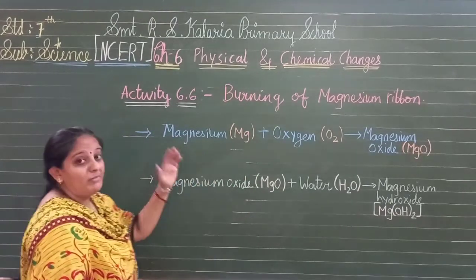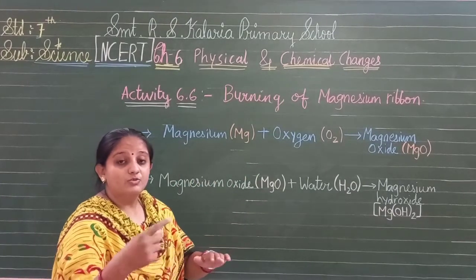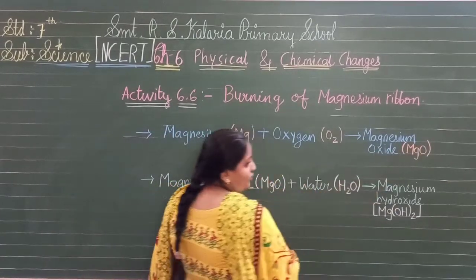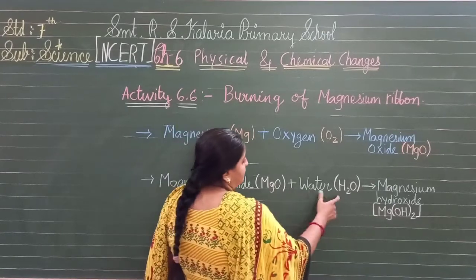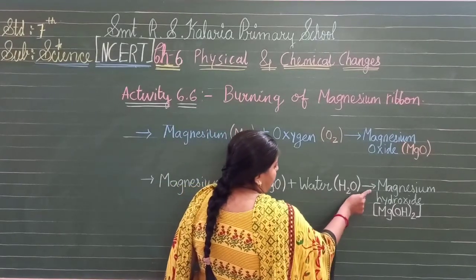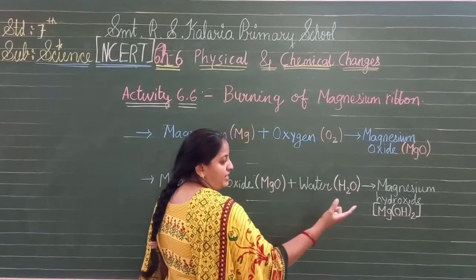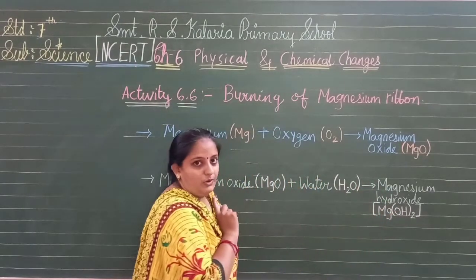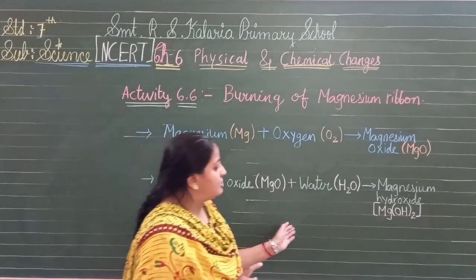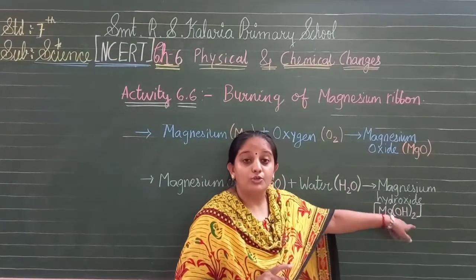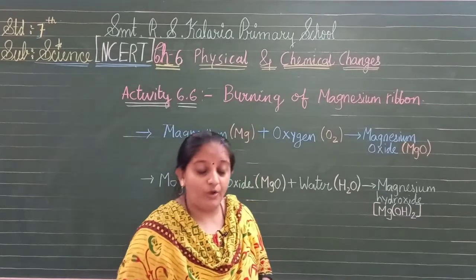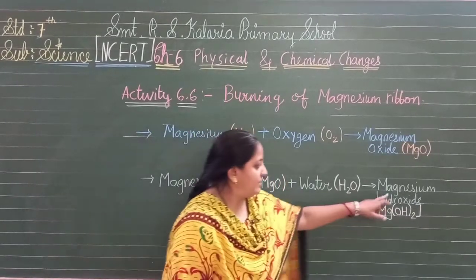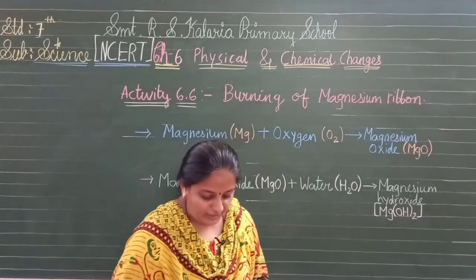When mixed with water, we get another change. Now magnesium oxide, that is MgO, the ash, mixed with water, H2O, this arrow implies that we get a new product, that is Mg(OH)2. This is the new result we got. Now what is this? As you have already learned in chapter 5, that is magnesium hydroxide.